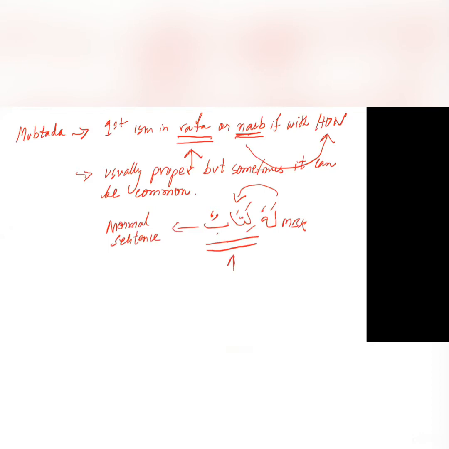Because mubtada is only common when it follows an MBK to form a normal sentence. If it was lahul kitabu, now this is extraordinary because we know that the normal way is that the mubtada is common only after the MBK at the end. Here it is coming at the end, but it has al, so it's proper. This is ikhtisas.